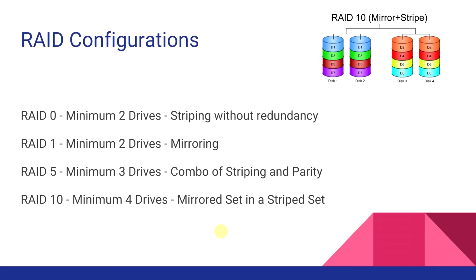This way, if, say, for example, just disk 1 in your first set goes down, you can then replace that drive and take disk 3 in your second set, and you can then copy that information to disk 1, your new disk 1 in your first set, and retrieve that data. You haven't lost too much.